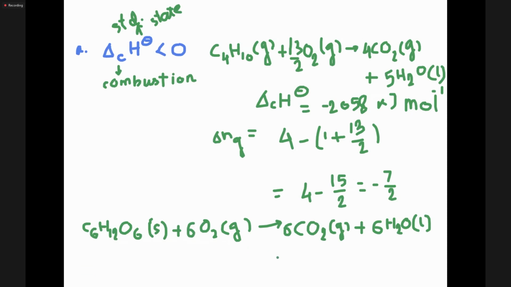The delta CH value of this reaction is minus 2802 kilojoule per mole. So it produces even more amount of energy than the first one does. Our body also generates energy from the food, and the entire overall process is as simple as combustion.